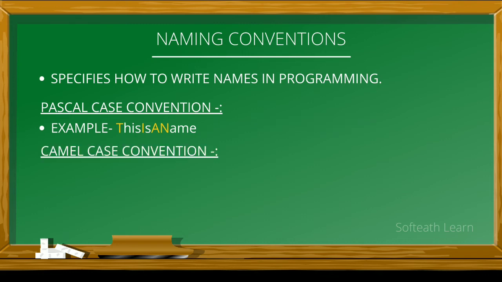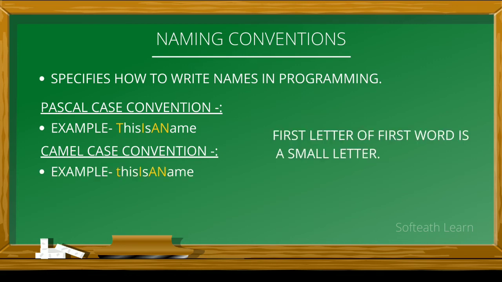Also we have the camel case convention. It looks like this. The first letter of the first word is a small letter, and after that we capitalize the first letter of each word. Actually, it is similar to the Pascal case convention. The only difference is that the first letter of the first word should be a small letter, not a capital letter. The camel case convention is used for naming variables and methods in Java.